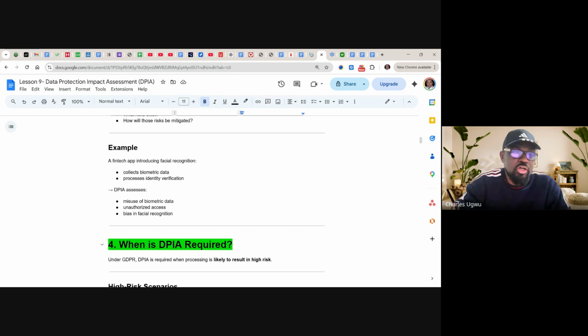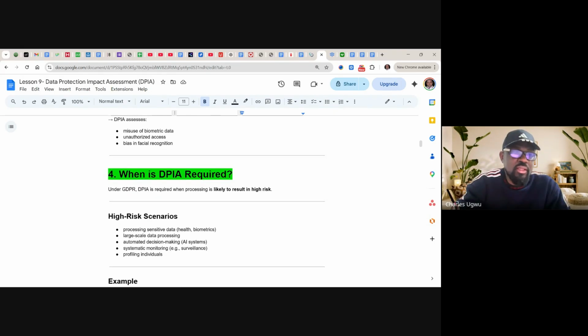Because facial recognition uses a lot of AI, there is the issue of bias, so we try to understand all the risks associated with the data you want to collect. You've not even collected it, but you've assessed the risk involved, and you find a way to reduce the risk.